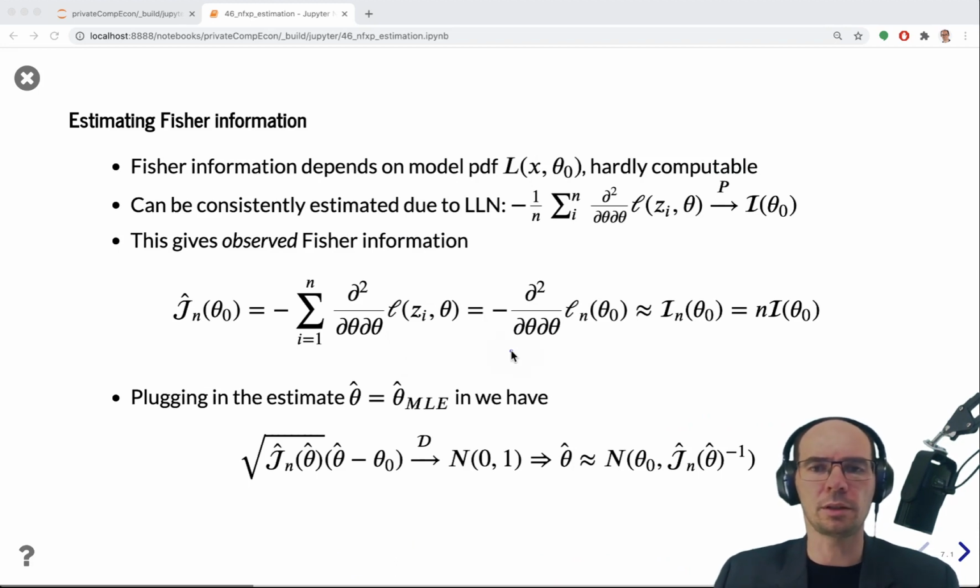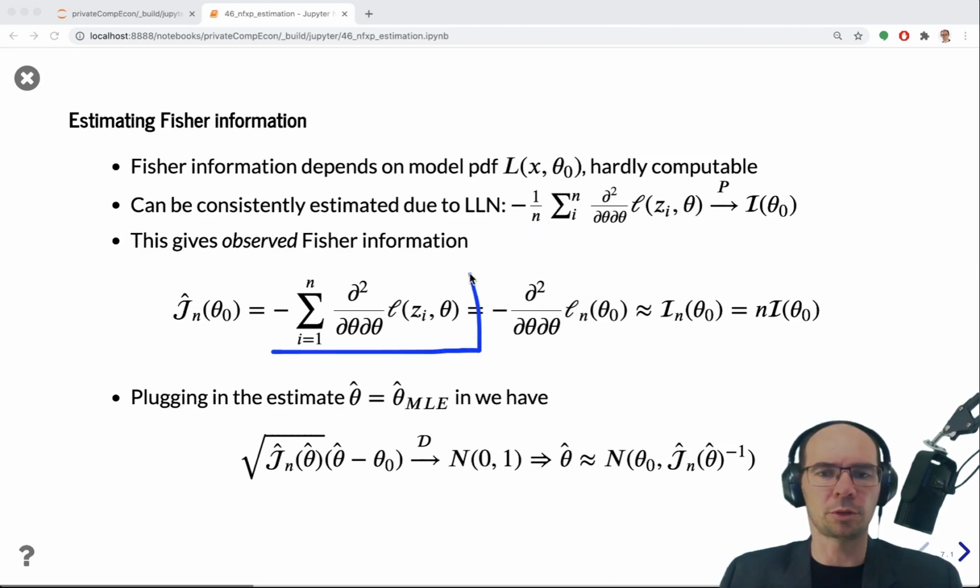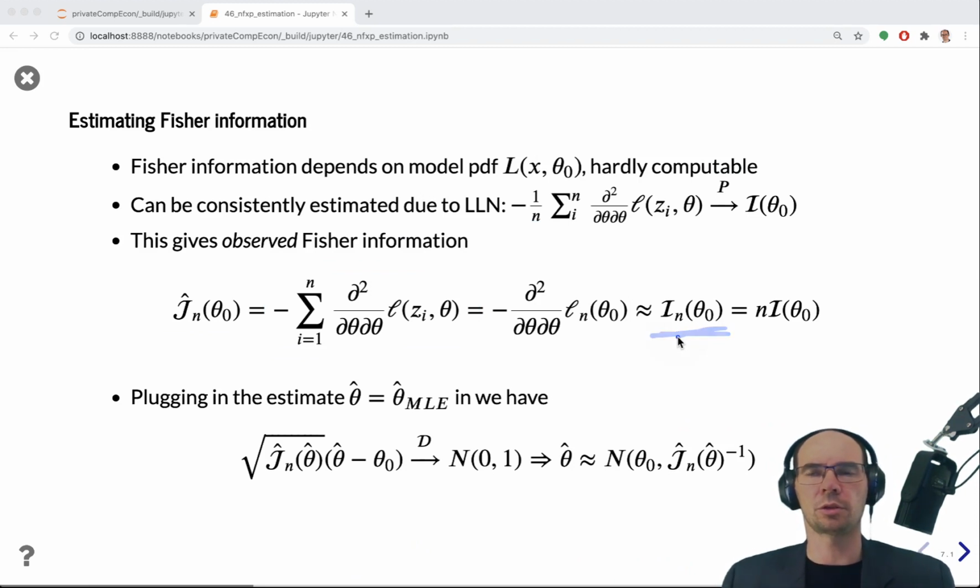Sorry, this is the estimate for the one observation Fisher information, and then multiplying that by n gets rid of the 1 over n in this formula, and this corresponds to the Fisher information of the n independent observations.